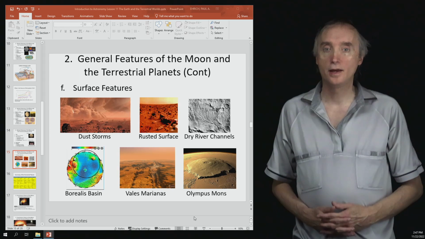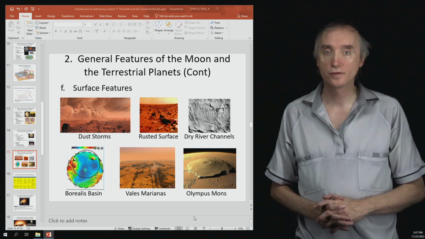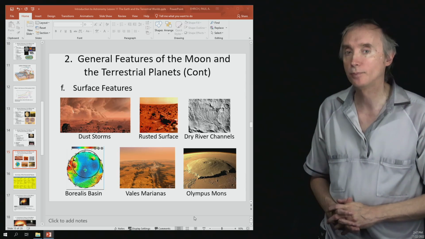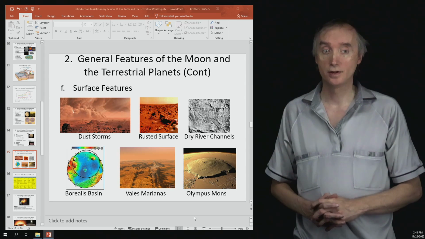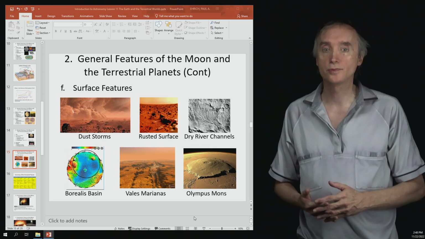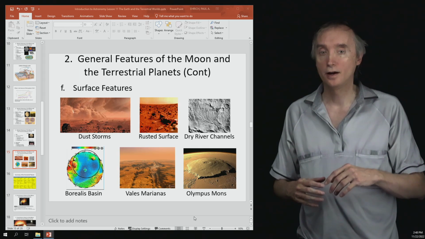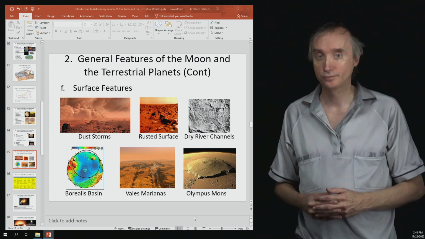Okay, I'm back, and now let's talk about some of the surface features that you would find on the planet Mars. The first one is dust storms. It has these huge dust storms that cover the entire planet for months on end.